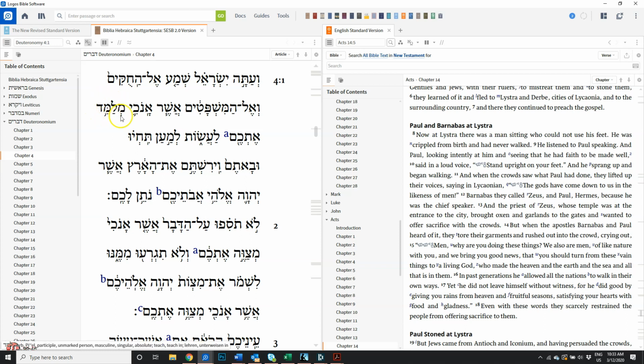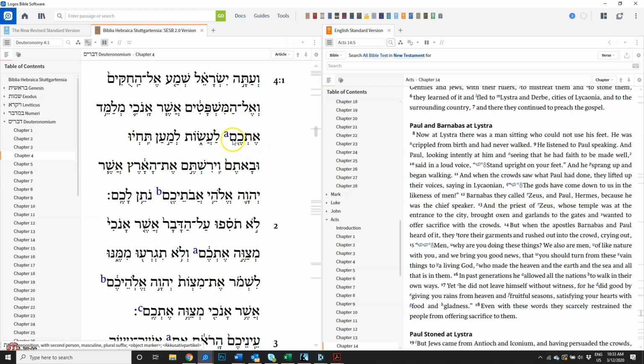melamed. Now we've not had lamad yet. I'm pretty sure lamad means to teach, so this is a participle. This is a Piel participle. So this would be which I am teaching you. That's what etchem here means.